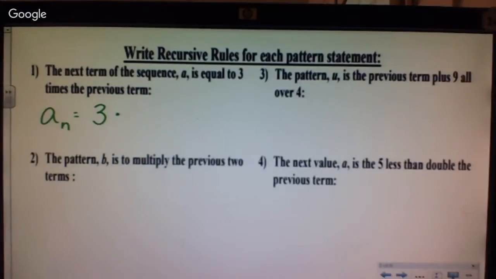So how many steps do we want to go backwards if we're looking for the previous term? 1 step backwards. So 3 times a sub n minus 1. I want to go 1 step backwards from where I'm at. Well, right now I'm at a sub n, and I want to multiply that by 3.